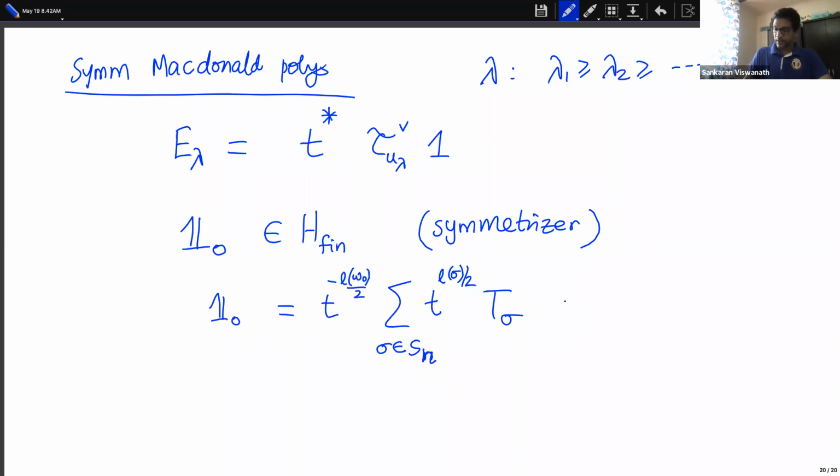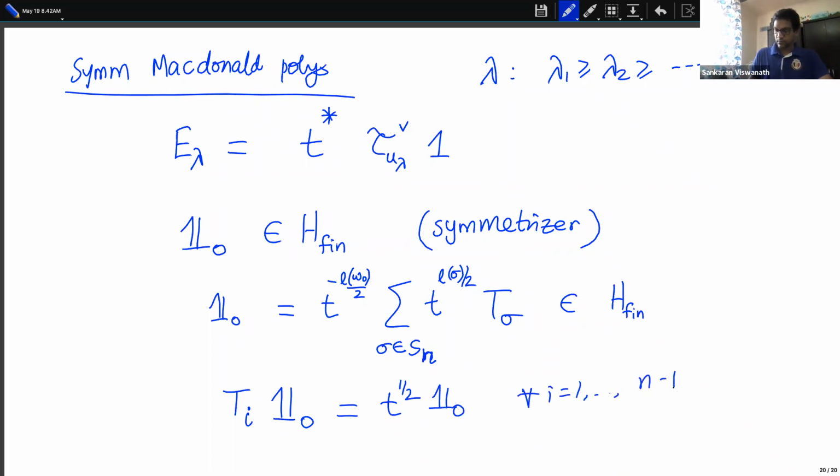If you take this element, this is actually in the finite Hecke algebra. In fact, this affords the trivial representation. In other words, if I multiply T_i on this element, this just gives me t to the half. Okay, so this is the symmetrizer. I think Arun calls this the bosonic symmetrizer in his notes.